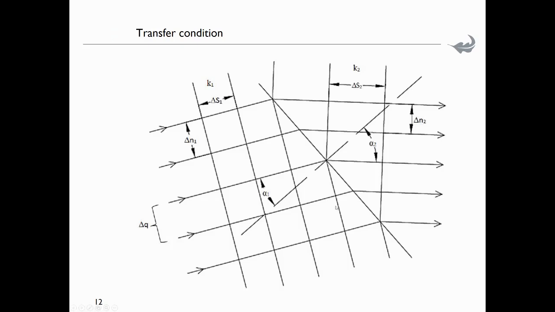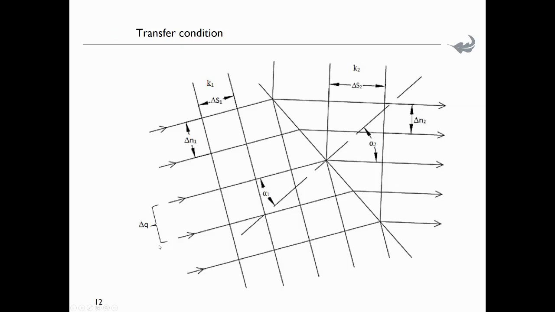In this particular case, we have two different soils meeting at a certain point and at a certain angle. So we have a delta N1 and delta S1 in this particular soil, and a K1. And in this soil, we now have a K2, where we have faster flow in this direction, and delta N is this value.